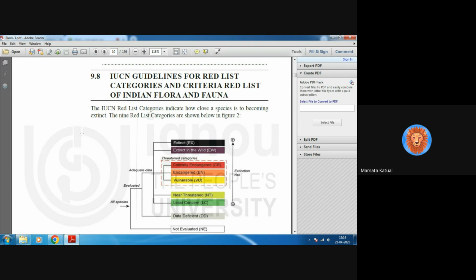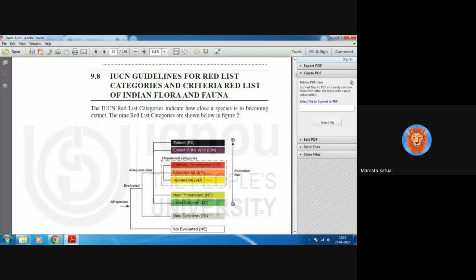This indicates how close they are to becoming extinct. For extinct it is given a positive symbol, plus, and at the other end it is negative.